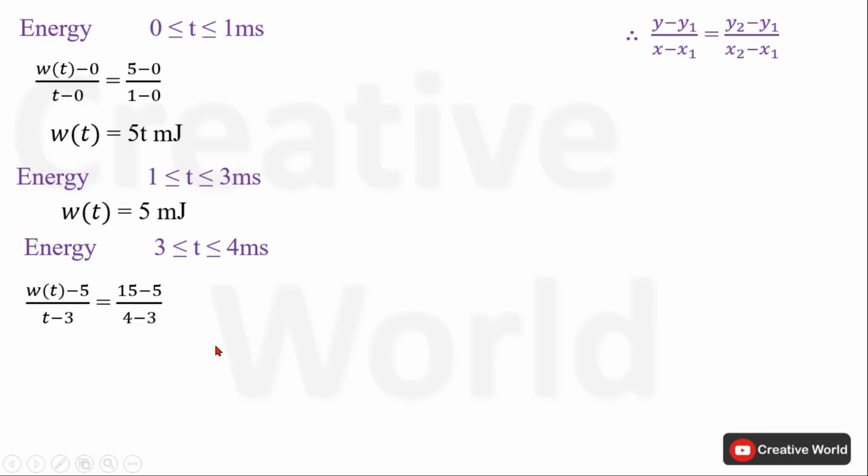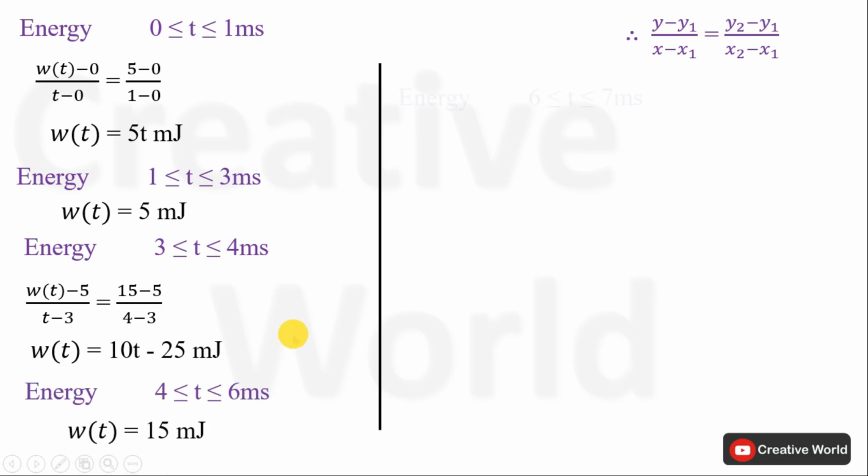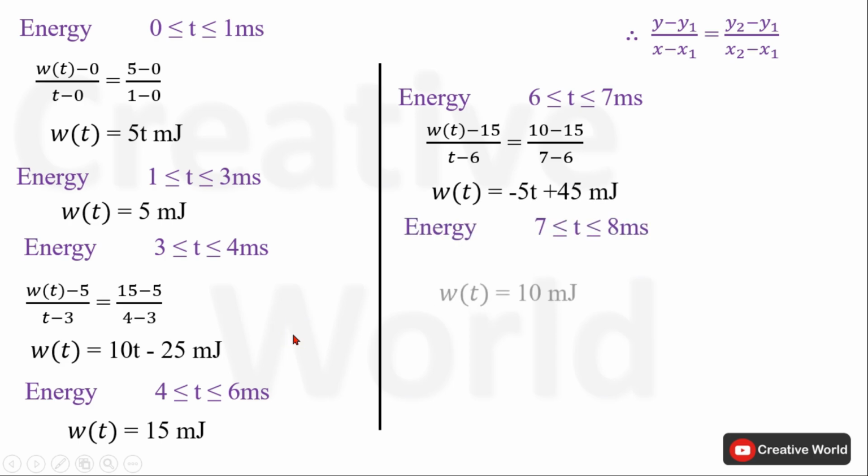Here I have entered the values, and between this time interval we got the equation of energy, which is 10t minus 25 millijoule. Similarly, for other time intervals I have calculated the energy values and their equations.